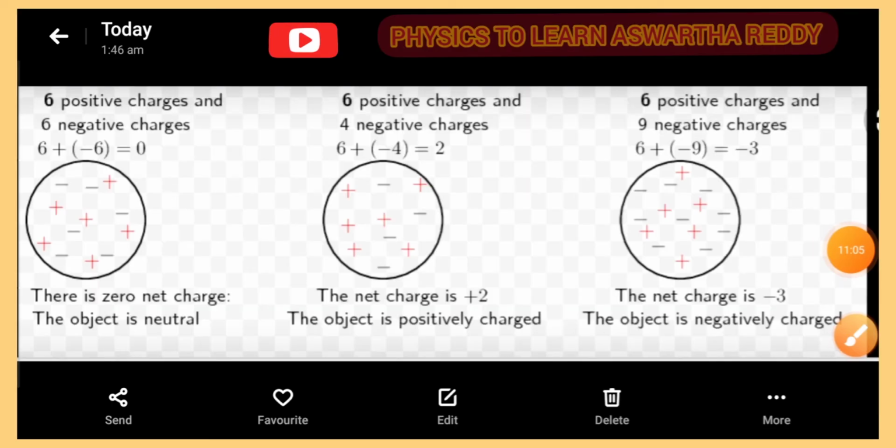In the examples we have seen, the charges transferred are either 1, 2 or 3. We cannot transfer 1.5 or 2.5. That's why charge is said to be quantized, Q equals n e, where n is an integral number.